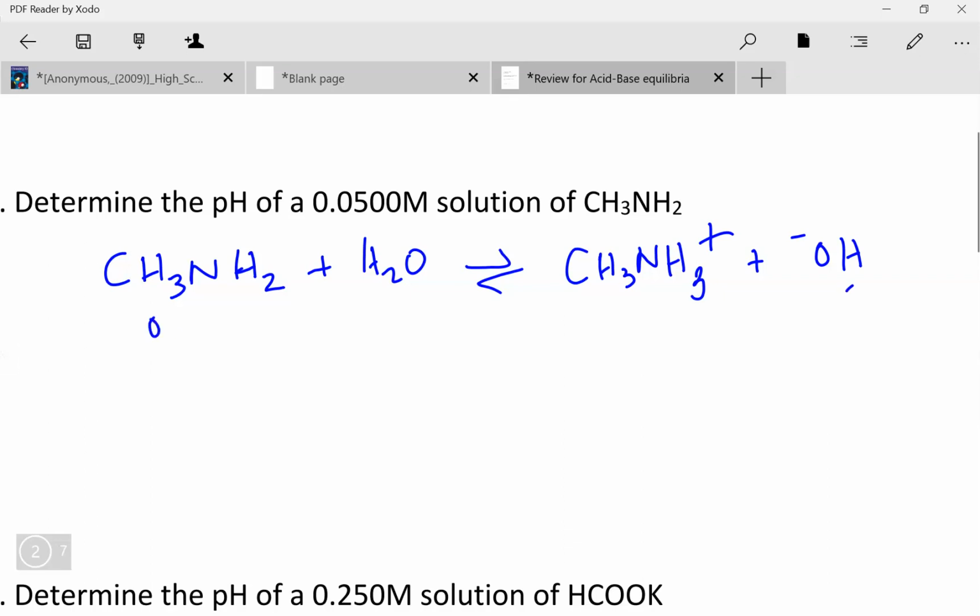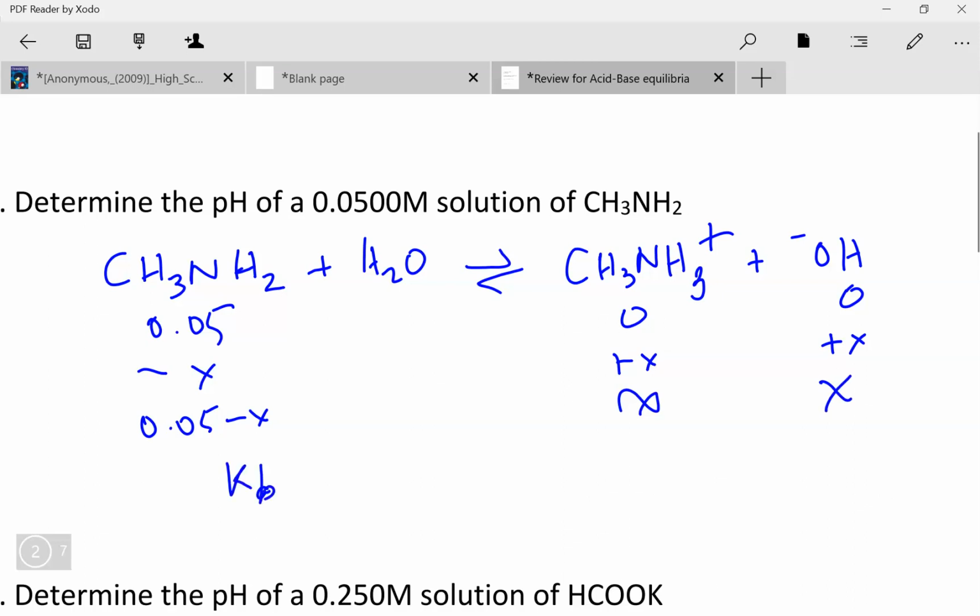So here the concentration was 0.05, 0 minus X plus X plus X, 0.05 minus X. Kb of this can be obtained from the chart at the very end.